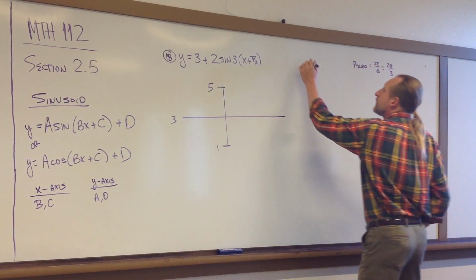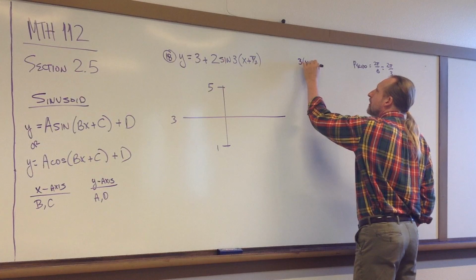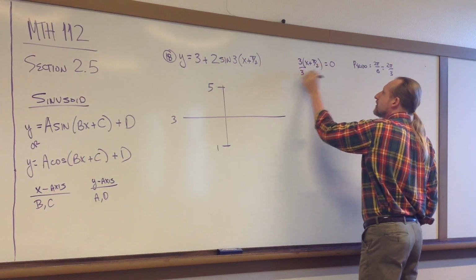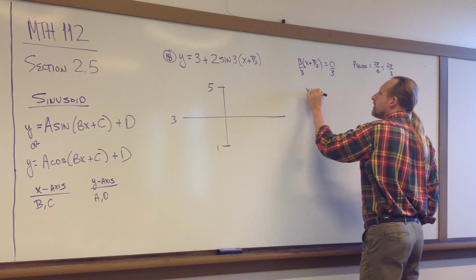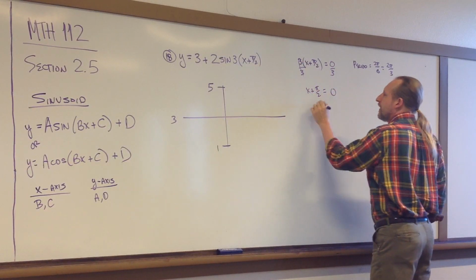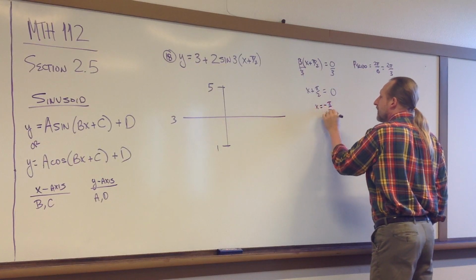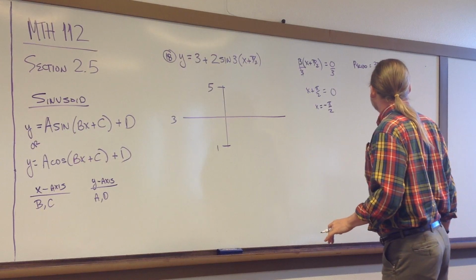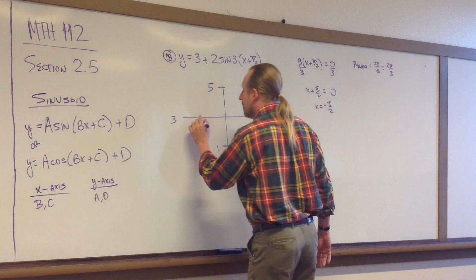But now we need to know the new starting place. If this is outside the parentheses, that's where you can just divide it out to begin with. And then we'll just get x is -pi over 2. So that's our starting place, -pi over 2.